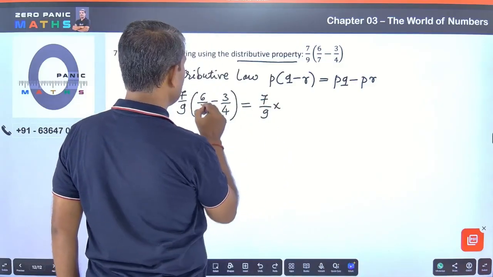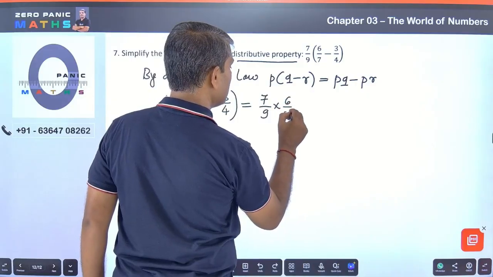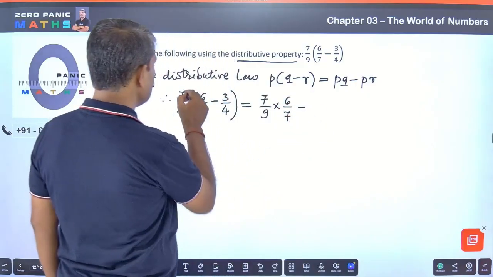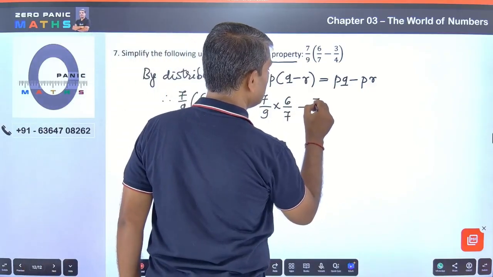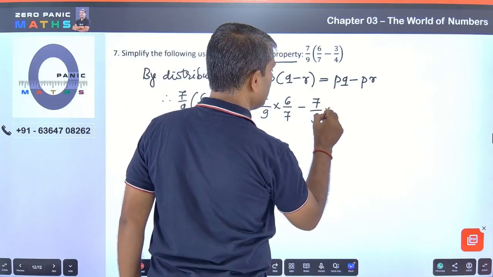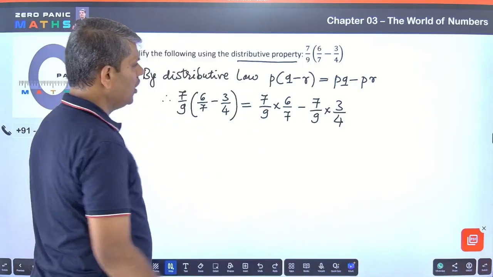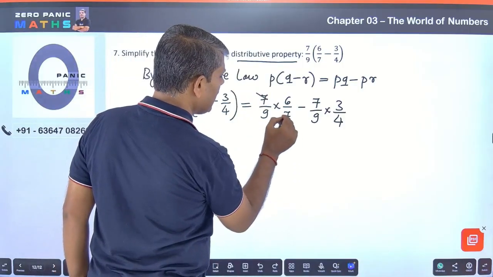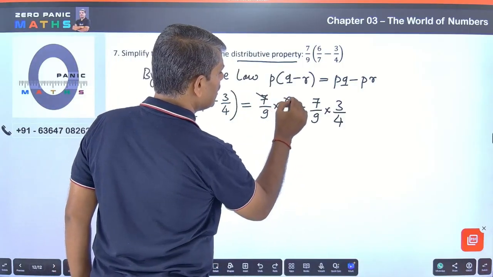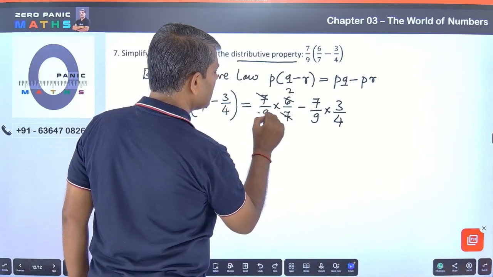Okay, is equal to, multiply 7 by 9 to both the numbers inside the bracket. 7 by 9 multiplied by 6 by 7, okay, minus 7 by 9 multiplied with 3 by 4. Fine. Okay, now cancel 7 and 7 here, and 3 twos are 6 and 3 threes are 9.